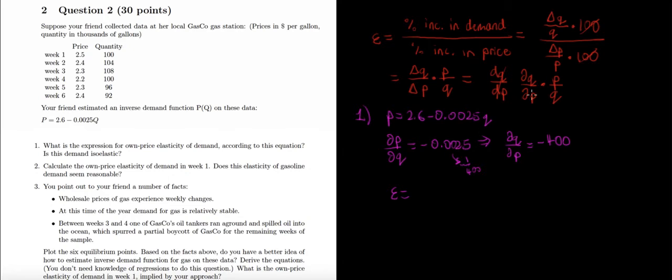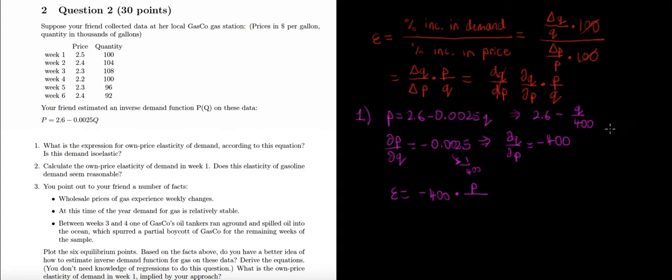So epsilon, elasticity, is equal to negative 400, because that's the derivative of Q with respect to P, times the price, whatever the price is, divided by the quantity. Now, to get the quantity, we have to invert this function. So basically, P is equal to 2.6 minus Q over 400.